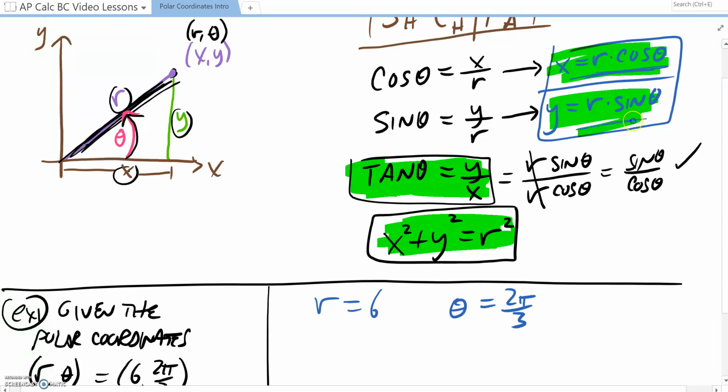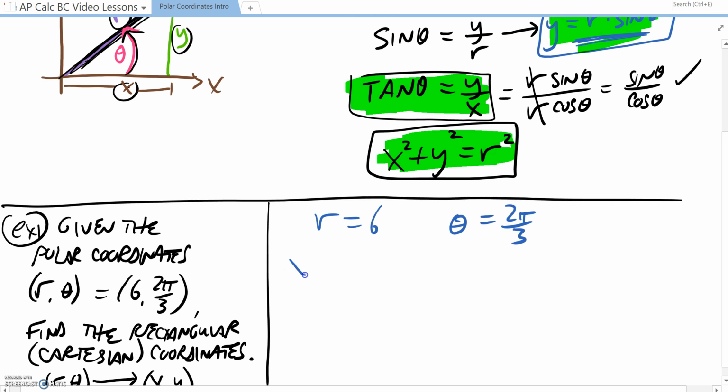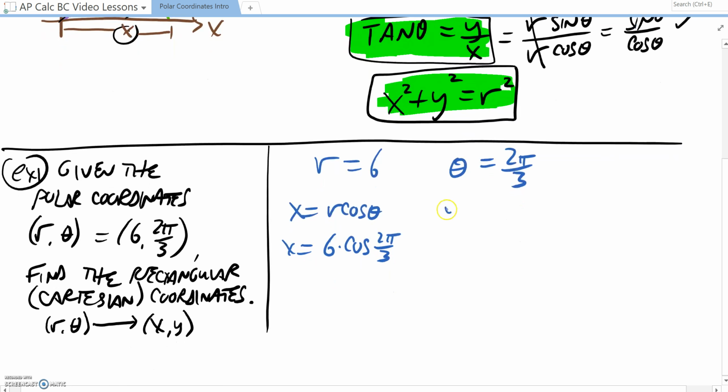And then we have a relationship between y and r and theta. It's right here. So we're going to simply go x equals r cosine theta. And that means we can just plug in the 6 and the 2 pi over 3. And likewise, we'll do the same for the y value. So we'll have y equals 6 times the sine of 2 pi over 3.